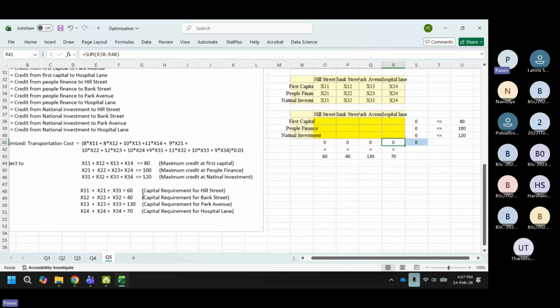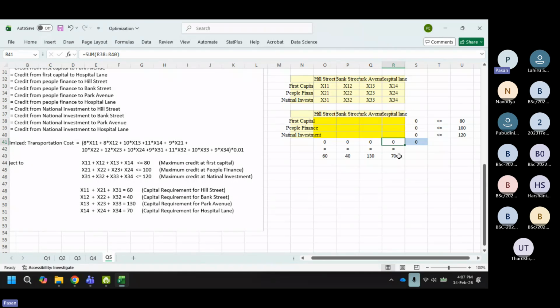And one more thing: in terms of these summations here, I need to put the equal sign here. What we need is exactly these amounts, or we can say it is bigger than or equal to these numbers.